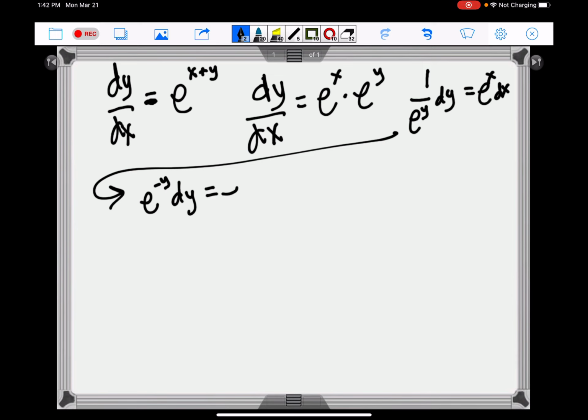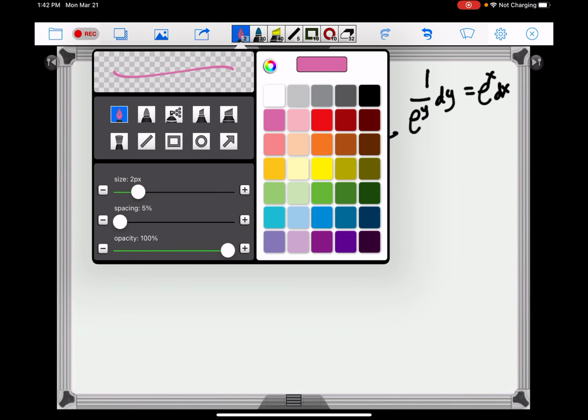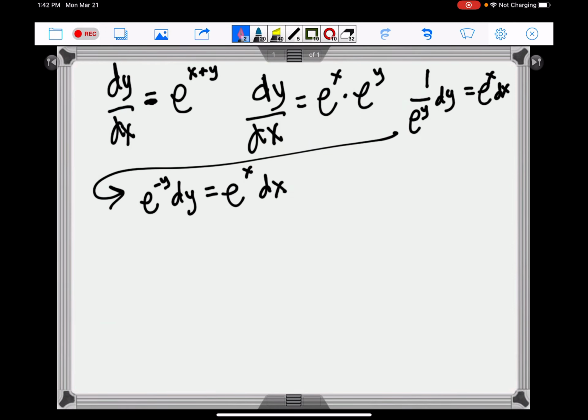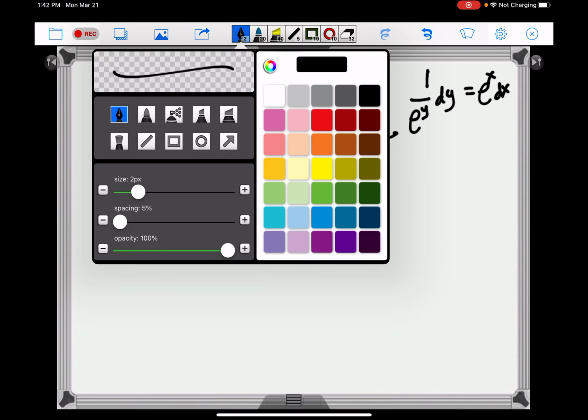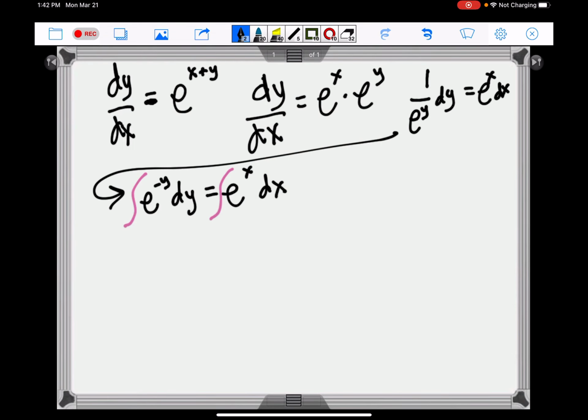Wait, so now you got... Oh yeah. So you would be e to the y. And then multiply by dx. Okay. So e to the y to the negative 1. e times y.